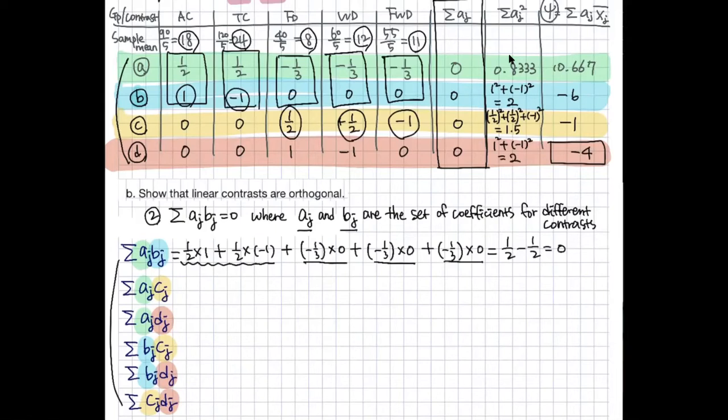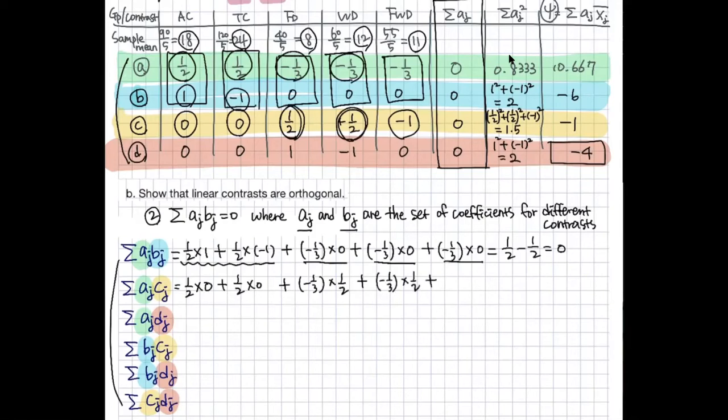Okay, and let's calculate the sum of AJ and CJ. We need to consider the green row and yellow row. So 1/2 times 0 and 1/2 times 0, plus negative 1/3 times 1/2, negative 1/3 times 1/2, negative 1/3 times negative 1, negative 1/3 times negative 1.